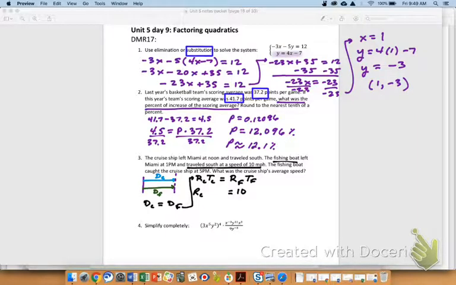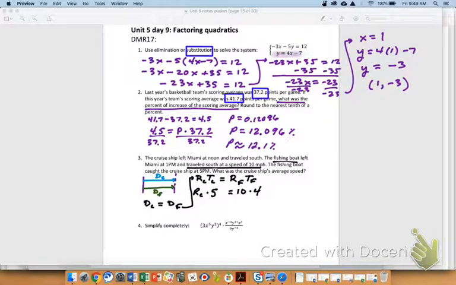Okay, and the fishing boat caught the cruise ship at 5 p.m. So if the cruise ship left at noon and they stopped at 5 p.m., that means the cruise ship traveled for 5 hours. And the time of the fishing boat then would have to be 4, right? Because they started at 1 p.m.